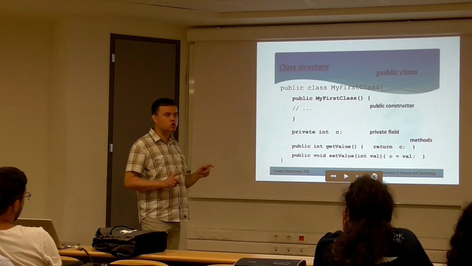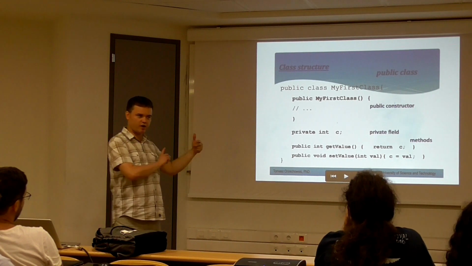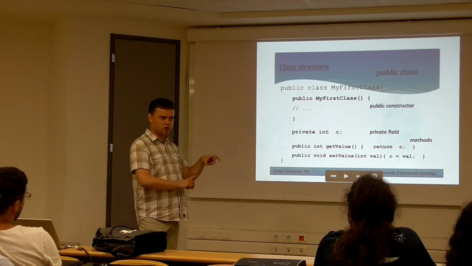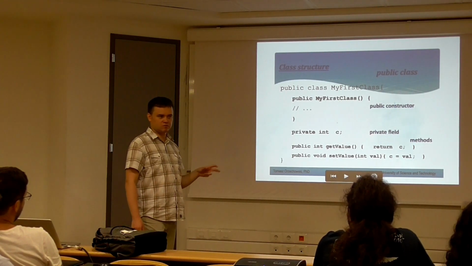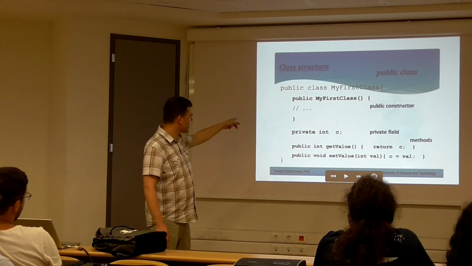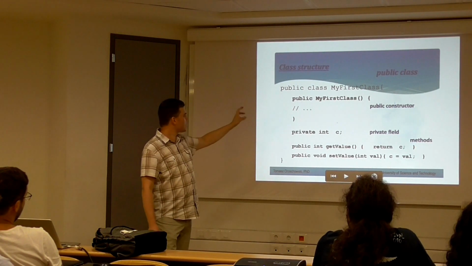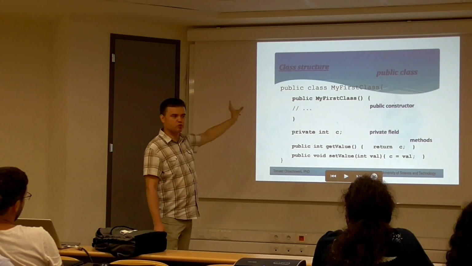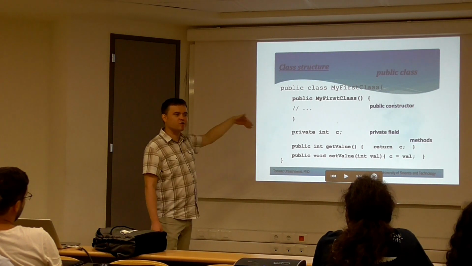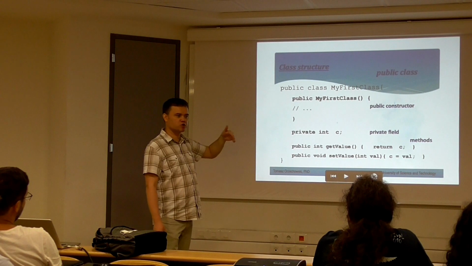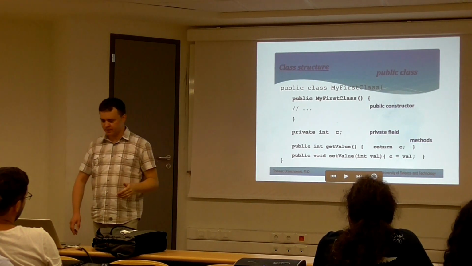But if you want not to allow the user to create an object using the new operator, the only idea is to create, of course, a constructor, but not public, but private. So the user cannot create an object using the new operator. Okay?